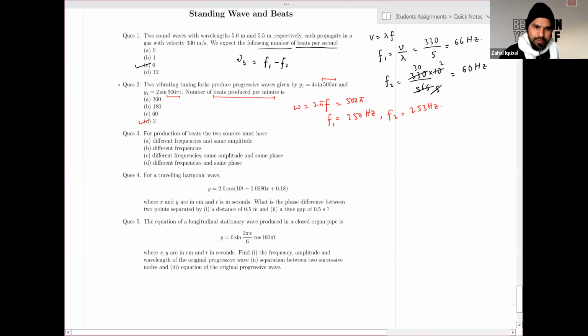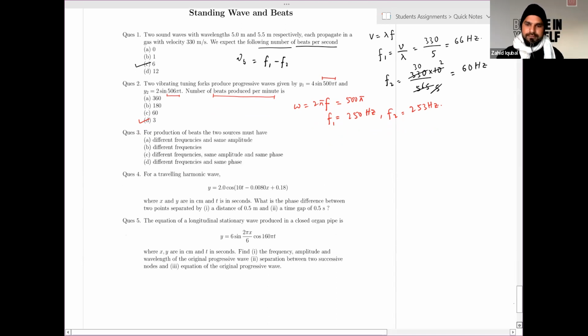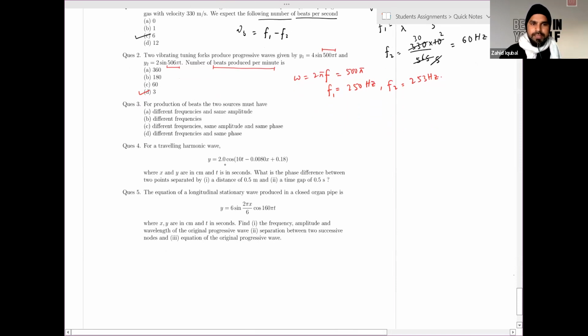Now in question number 4, we have y equals 2 cos(10t minus 0.0080x plus 0.18), where x, y are in centimeter and t is time in second.